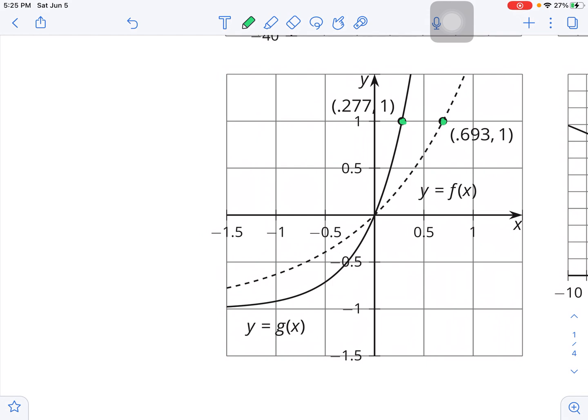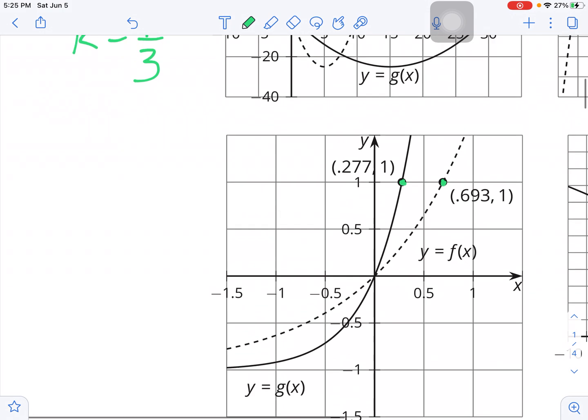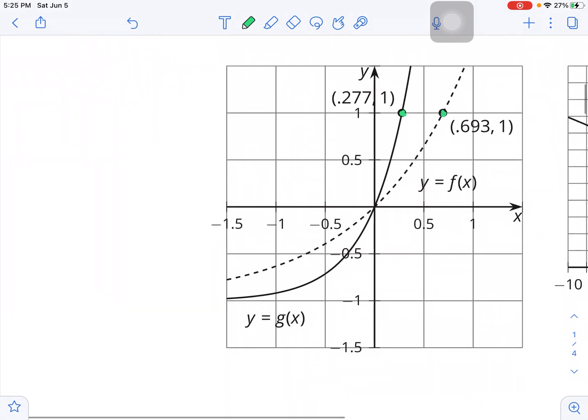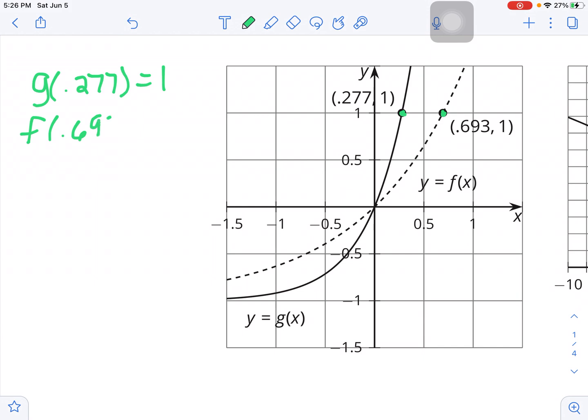And so let's look at, let's see, we have g of 0.277 is equal to 1, and f of 0.693 is equal to 1.